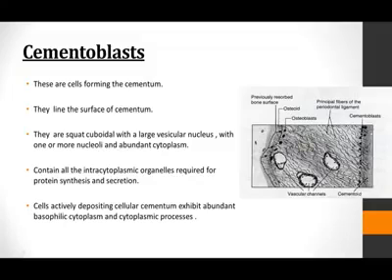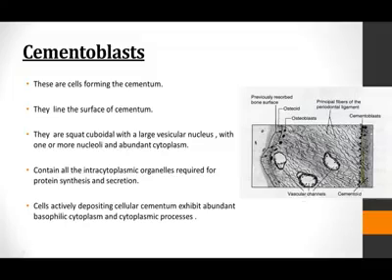As you can see here in this figure, this is your periodontal space, and this region that I'm highlighting is basically your cementum, and these black cuboidal cells that you can see here on the surface of the cementum are the cementoblasts. These are cuboidal cells, they're actively secreting cementum and they're lining the surface of the cementum.